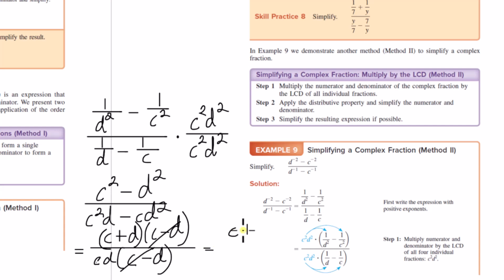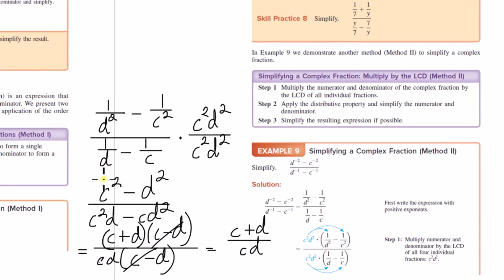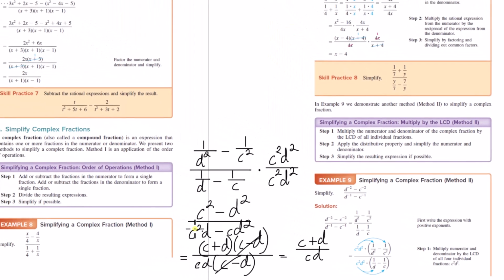So c plus d over c d. But you have to look at the restrictions. c can't be 0, d can't be 0, and c and d can't be the same. If c is equal to d, then you're going to get 0 in the denominator. So you have to consider all of that.